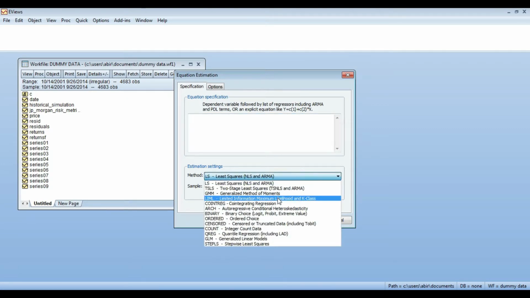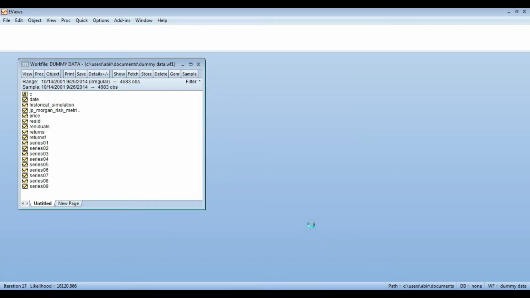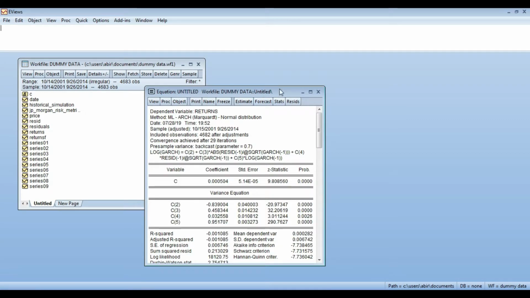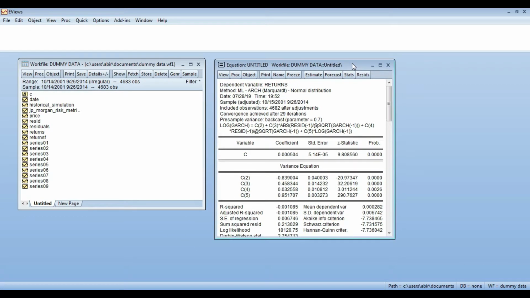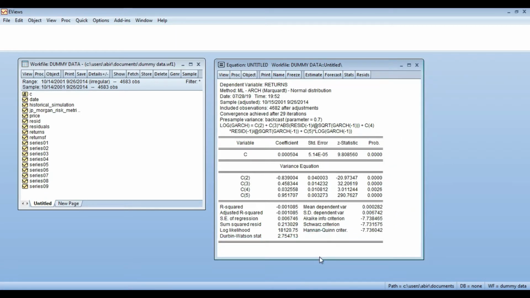From NLS ARMA, I will make it ARCH, and I will type my equation, which is return space C, and from GARCH TARCH I move it to EGARCH. I made it EGARCH, and everything else stays the same. I'll click OK. So this is the EGARCH output.